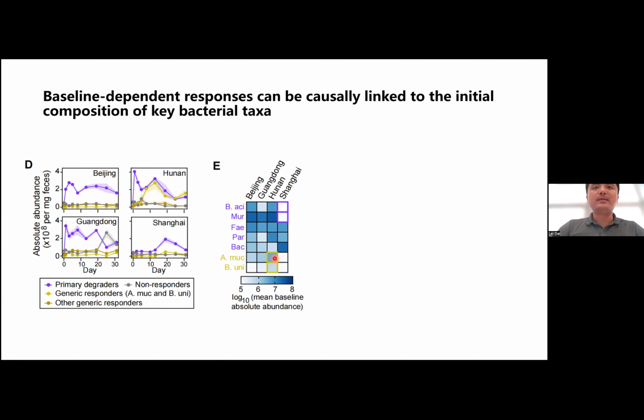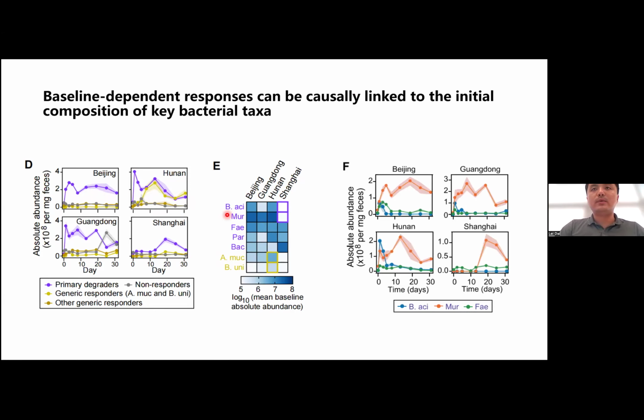For different baselines from different regions, such as Hunan, they have a higher baseline abundance of these taxa, so they respond, but others don't really respond. So the baseline abundance kind of determines their response.